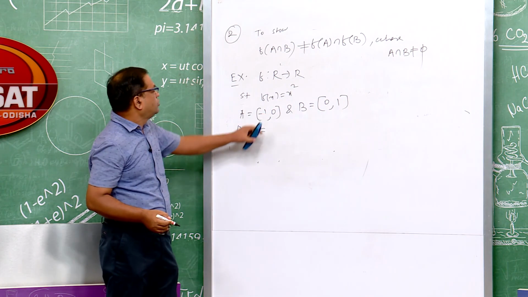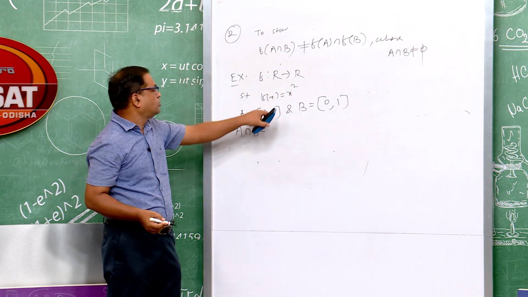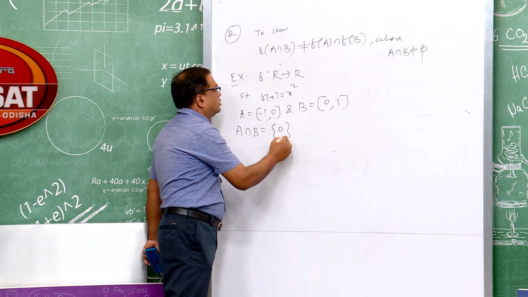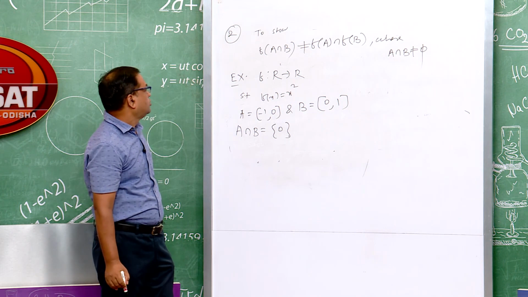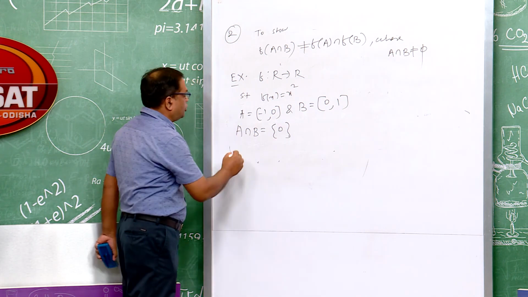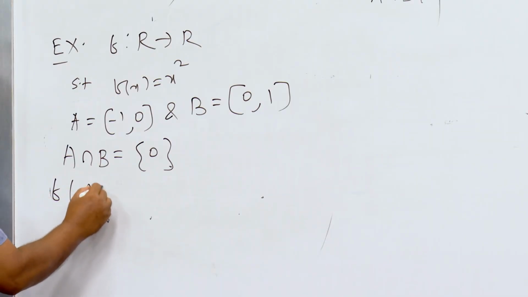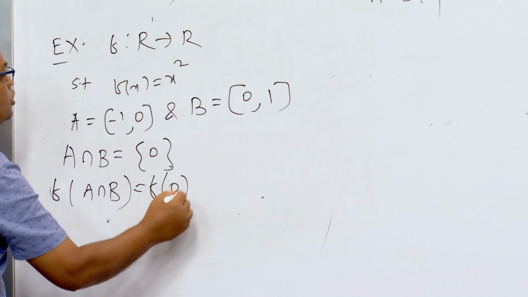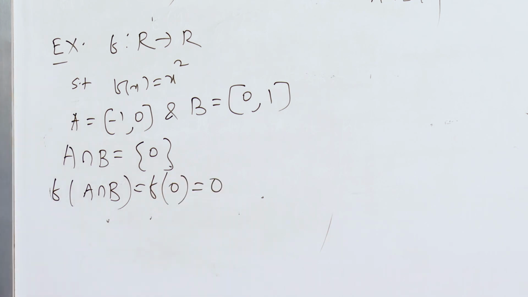Minus 1 to 0 and 0 to 1, A intersection B is {0}. So, what is f of A intersection B? That is f of 0, which equals 0.